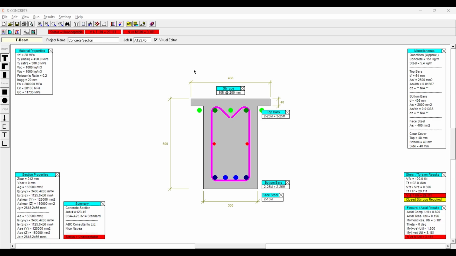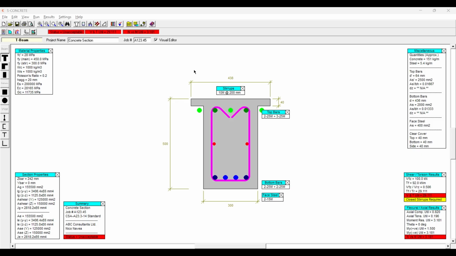So that's about it. The conclusion is the manual beam design was verified using Alter S concrete with a beam size of 300 mm by 500 mm and an 8.0 meter span.